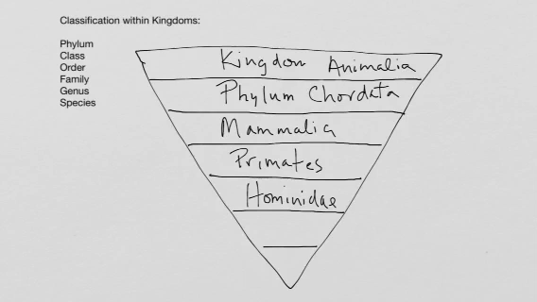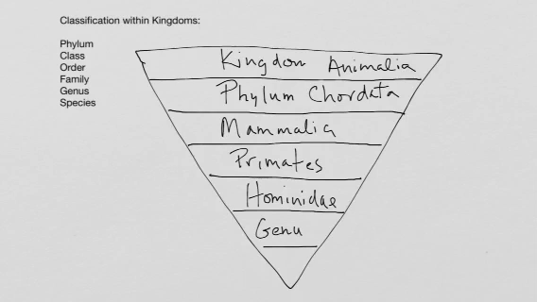Now, within the family, there are different specifications, and this is where you're going to start to see words that you've seen before. Families can get further classified into genuses.